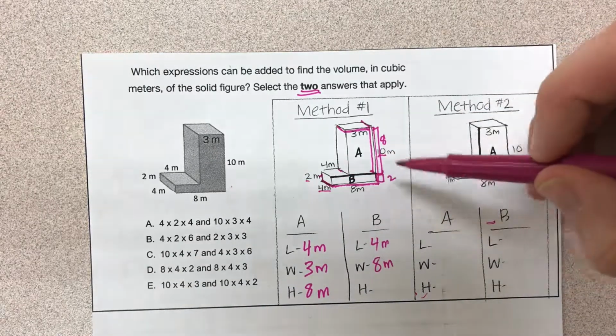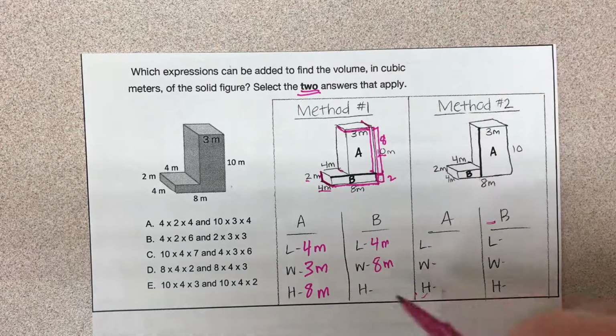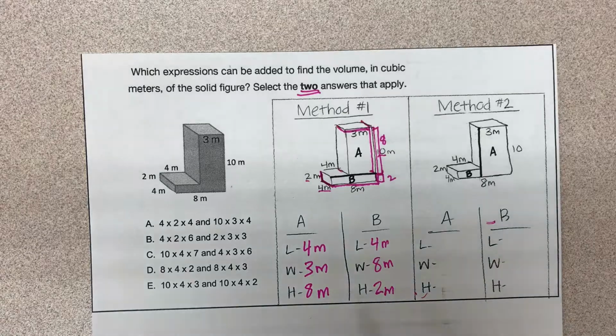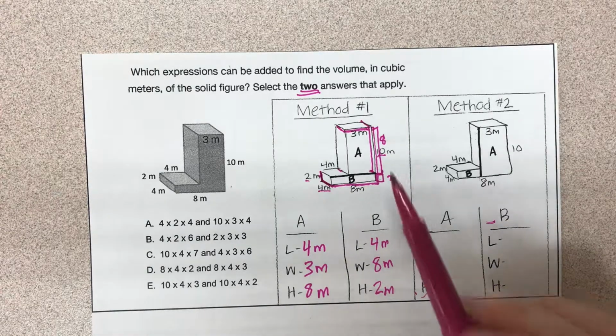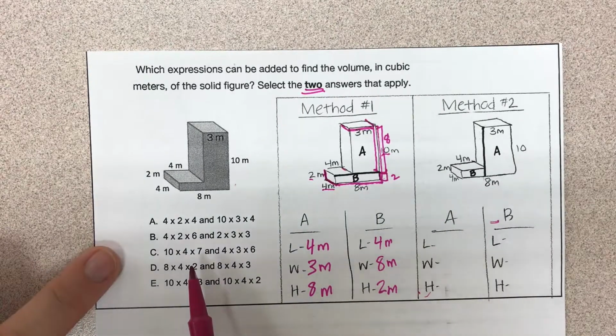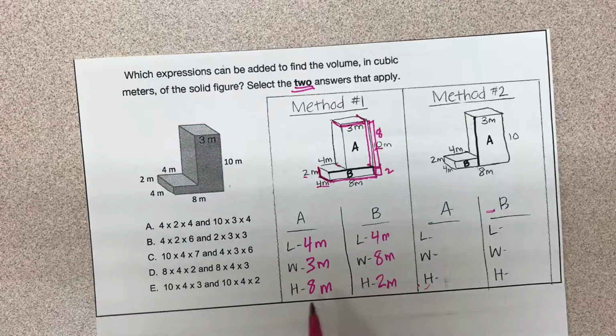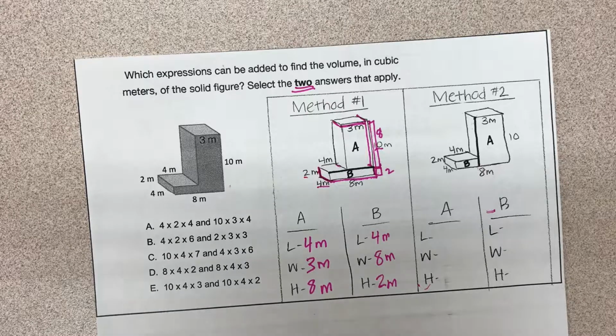And then the height of this, as we just discovered, is 2. So it's marked over here as 2, and we know that that is 2 meters. So now we have the dimensions for both of the figures in method 1. So now we can go over to our question here and all of our answers and try to see if we can match up the numbers that we came up with for our dimensions with any of the answer choices.